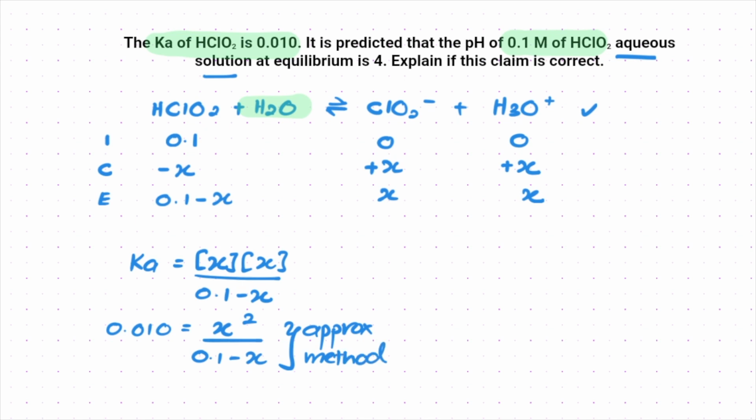In the approximation method, 0.010 is equivalent to X squared divided by 0.1, whereby we shall omit this X. So X squared is equivalent to 0.010 times 0.1.